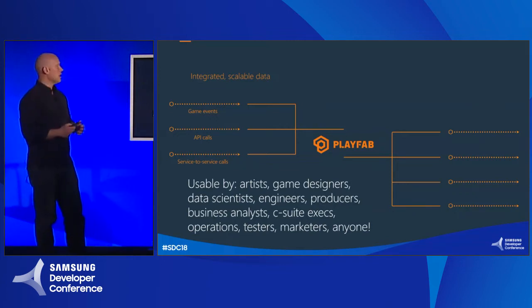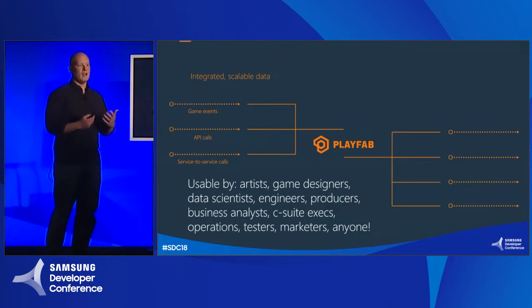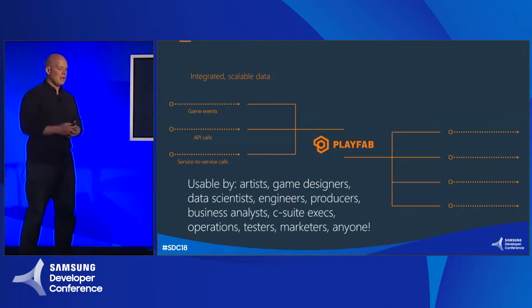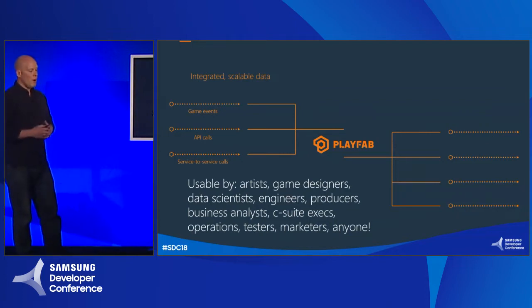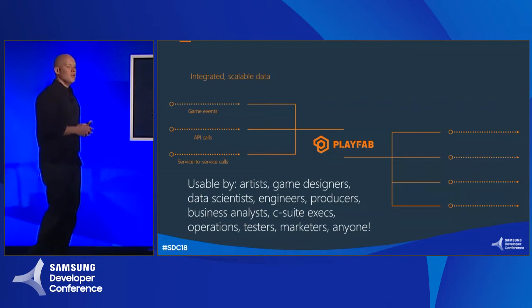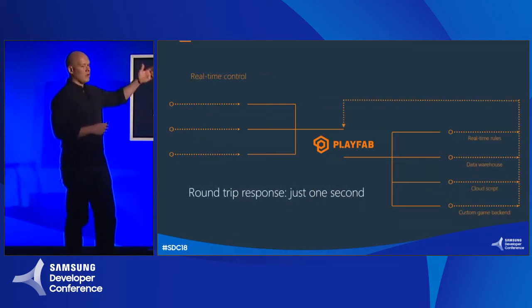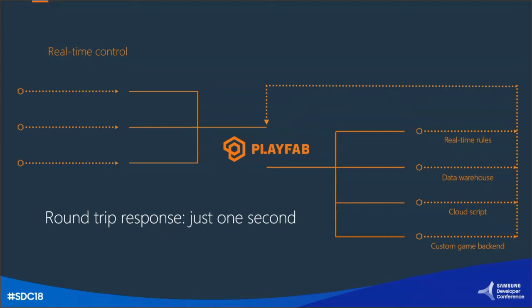Engineers and producers can use this data to understand how the game is performing. On the business side, you have business analysts, executives and marketers. Basically, anyone can use this data. And we've tied it to a set of real-time actions you can take and data you can then analyze.